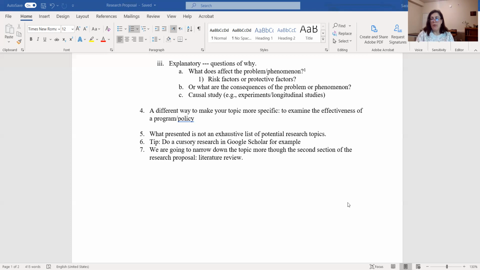And whatever we talked about now is not an exhaustive list of potential research topics. These are just ideas that help you be more specific.